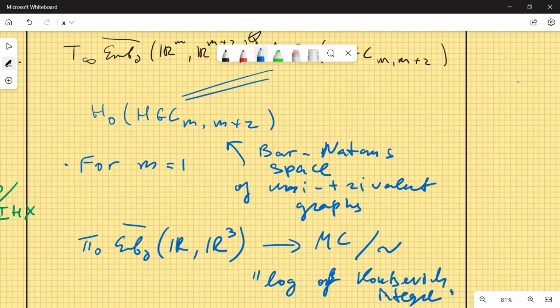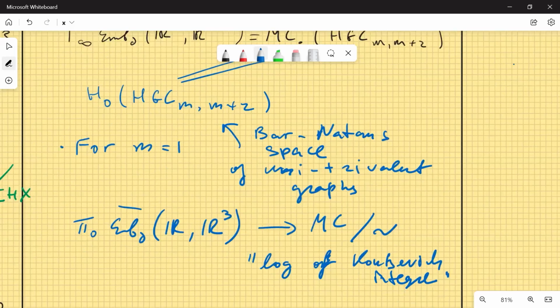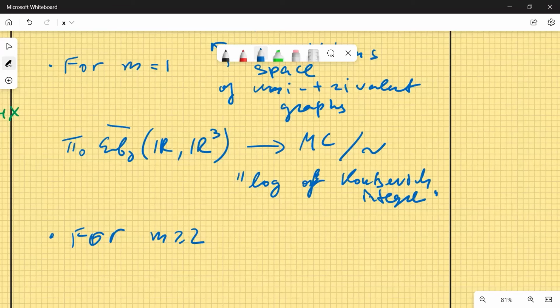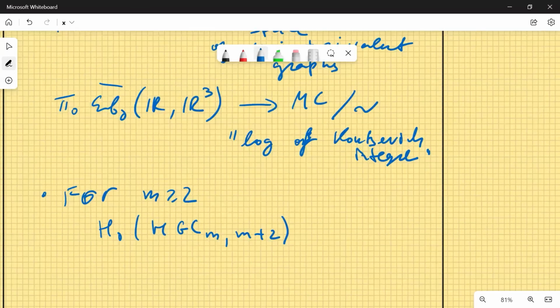Right. So this means that it should be additive, right? So this invariant must be additive, and also it must be universal among Vassiliev invariants. So in the case M at least 2, this space of the hairy graph complex is essentially the one loop part of the hairy graph homology.